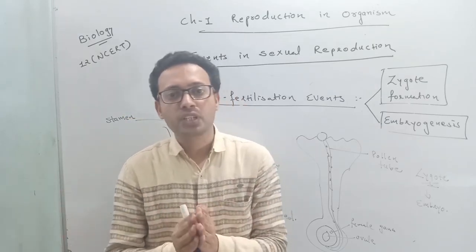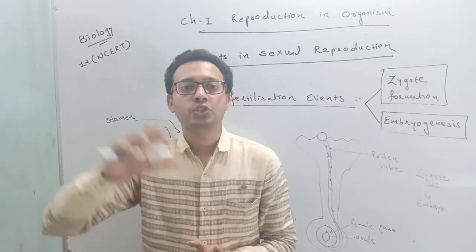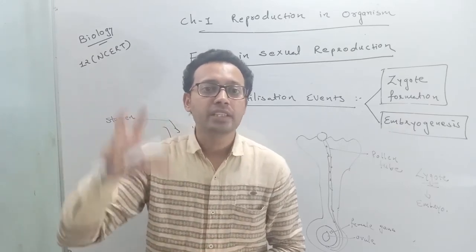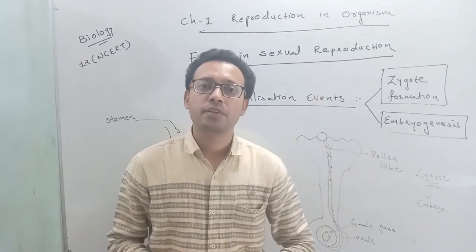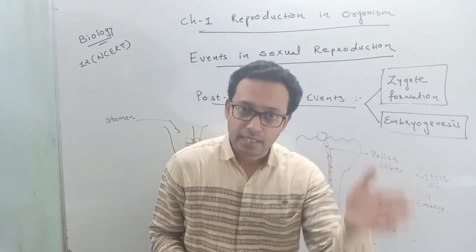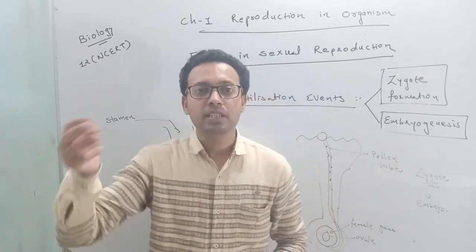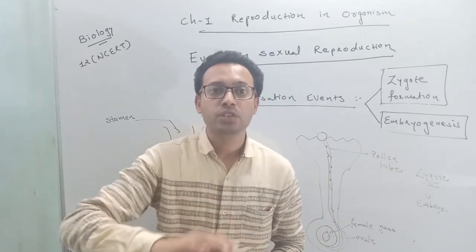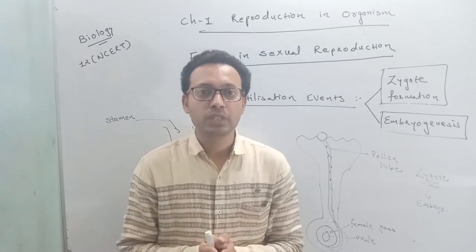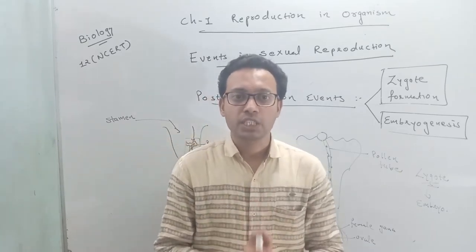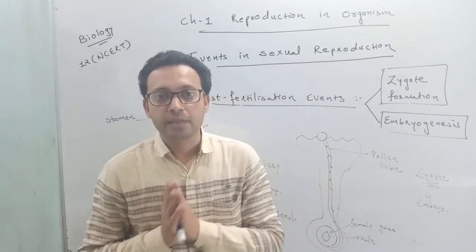Now we will focus more on sexual reproduction, because most of the higher order organisms follow sexual reproduction. So in chapter number 2 we will discuss sexual reproduction in flowering plants, and in chapter number 3 we will discuss sexual reproduction in humans. Okay, so from the next session onwards we will start with chapter number 2, sexual reproduction in flowering plants.